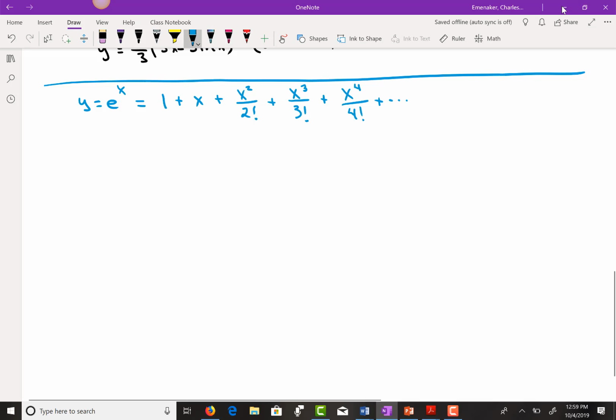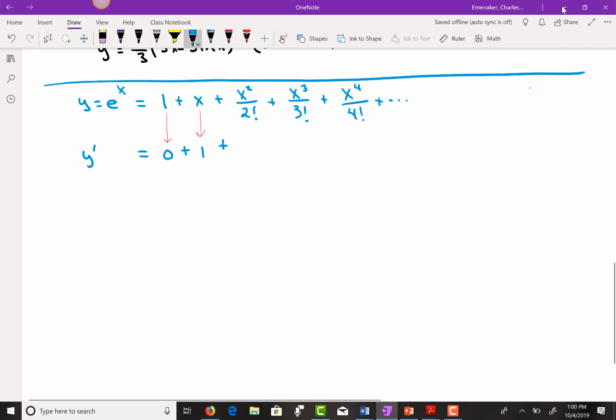Does this look sort of familiar from somewhere? If we take the derivative, y prime is going to equal, term by term, what's the derivative of 1? 0. Plus, what's the derivative of x? 1.